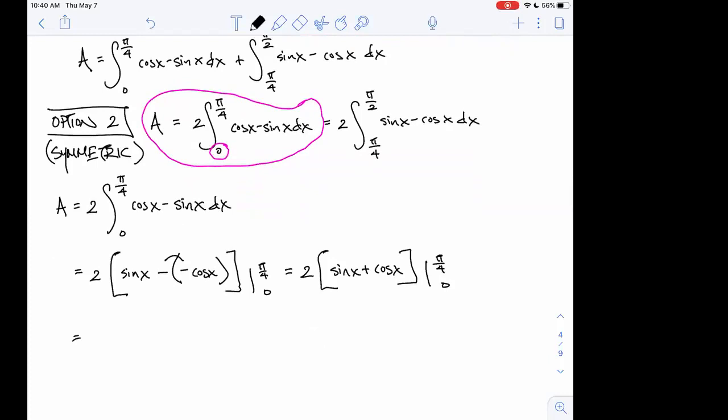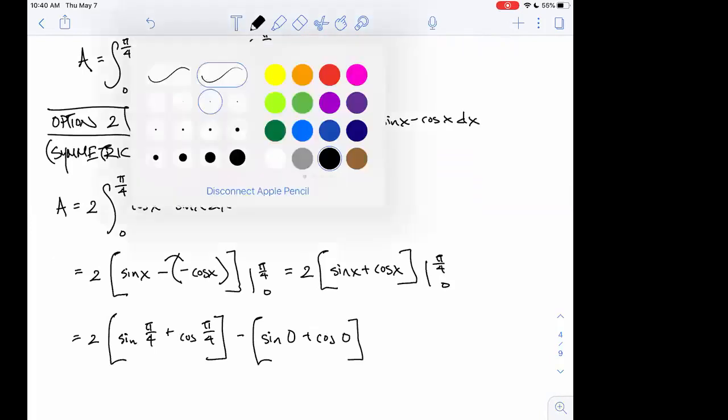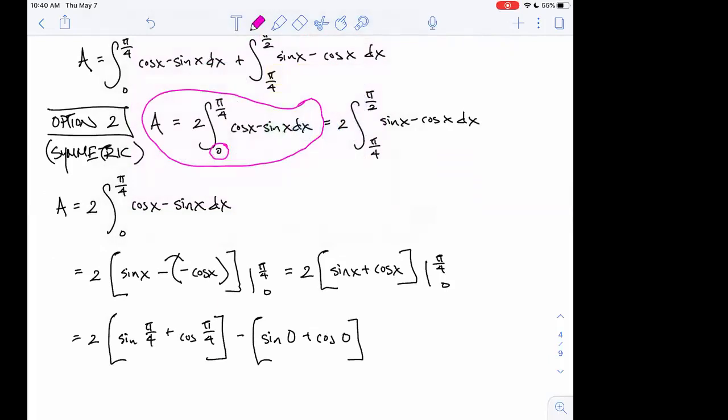And now I can go ahead and plug in my values. So 2 times sine of pi over 4 plus cosine of pi over 4 minus sine of 0 plus cosine of 0. Now, if you're only going to write the 2 one time, please have parentheses around the whole thing.